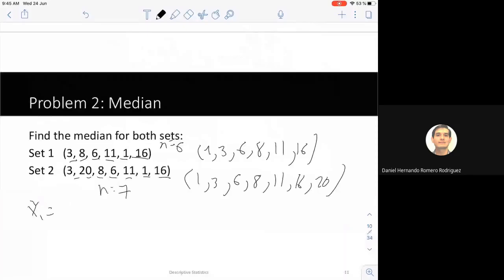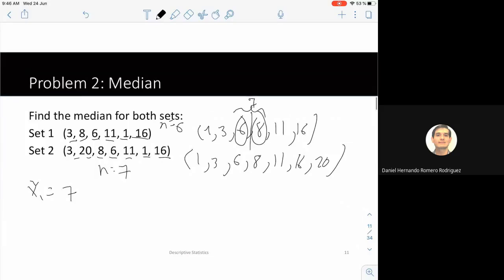And n divided by 2 plus 1 is the observation located in position 4. So now we just find the average of these two values, one plus the other divided by 2. That's going to be 7. So the median of the first data set is 7. Here, 7 is going to split the data set in 2 equal parts. There are 3 observations below and 3 observations above that value.